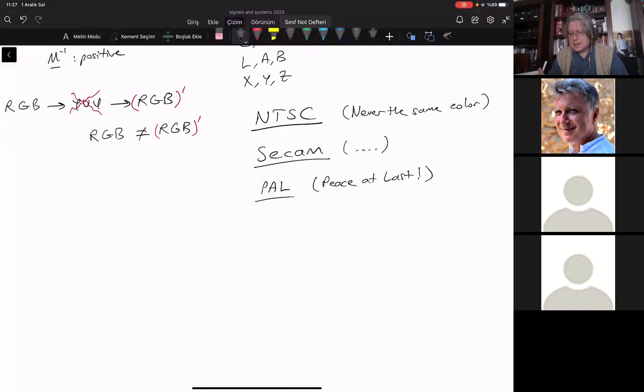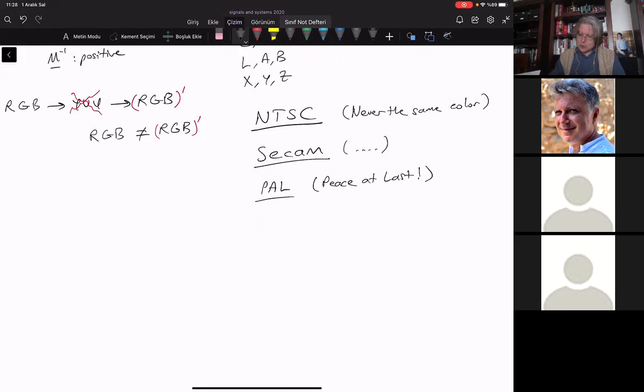But the color transformation is the fundamental difference. And if you want to watch an NTSC tape video in a PAL video player in the old days, it was reproducing with false colors. It was a complete mess.